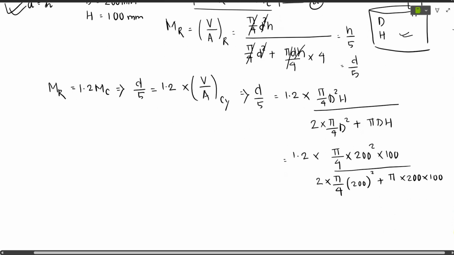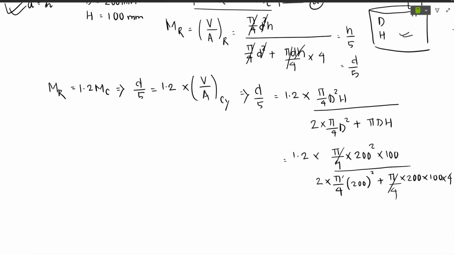Now you simplify this one. Let us divide it by 4 and multiply it by 4. So we will cancel out π/4 and π/4. From here one 200 will be cancelled with one 200 and this 200.